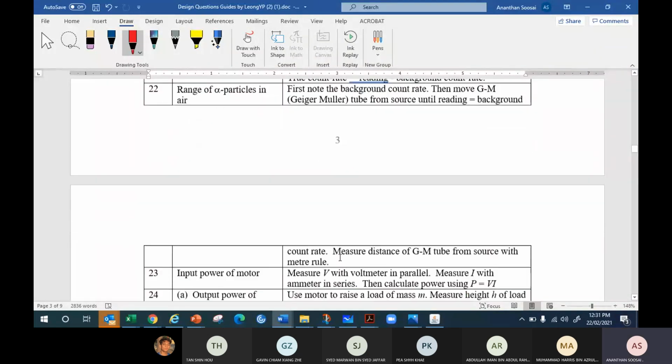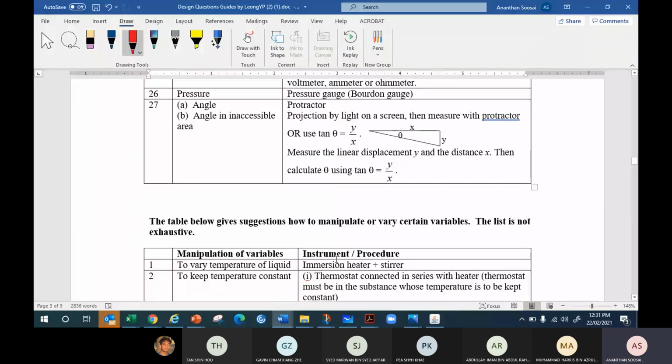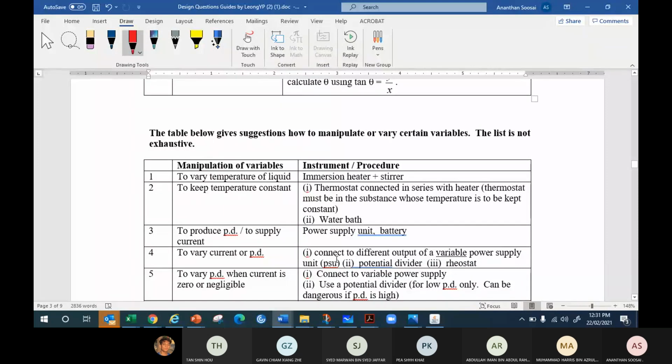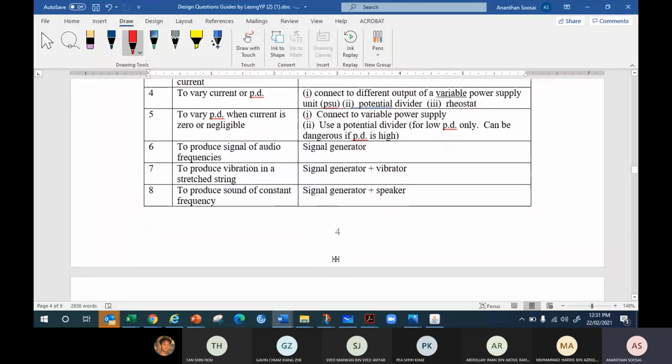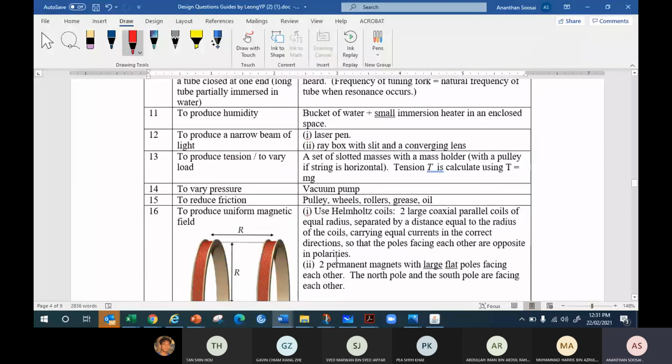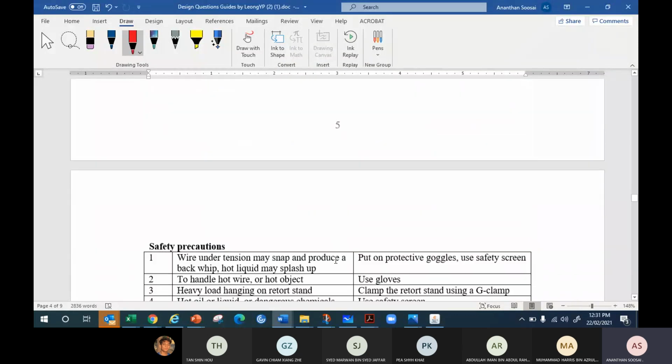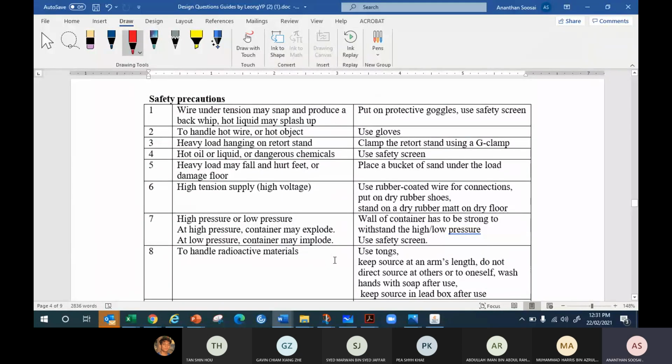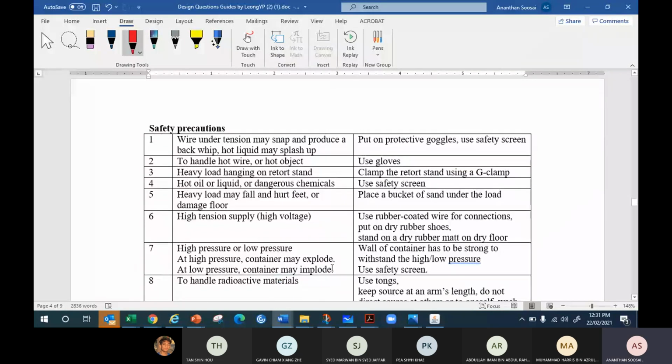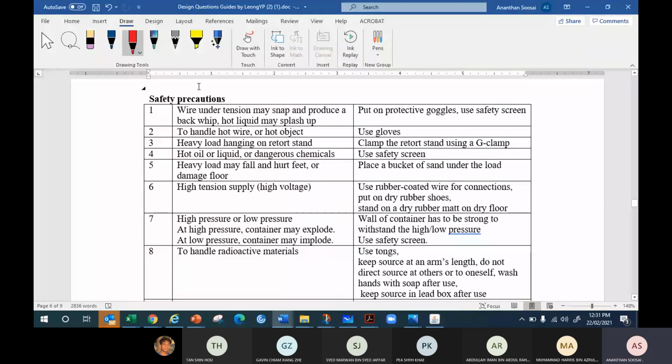And when you go further down, sorry, these all are signals. The list continues. When you go further down, on page 6, safety precautions are there. Suggested safety precautions: something involving wire, you can say wear goggles, safety screen. If something is a hot wire, use gloves.